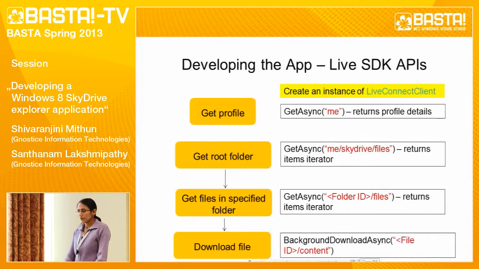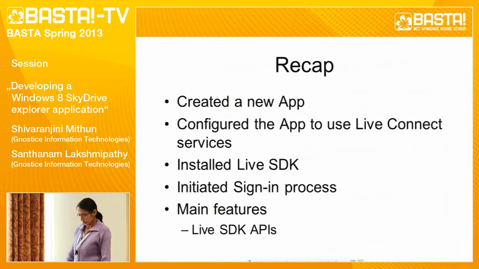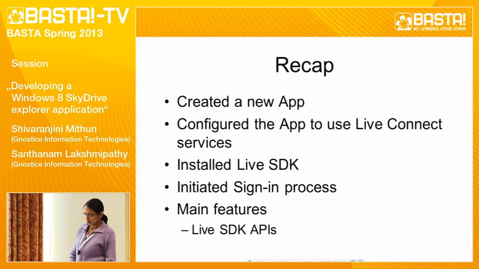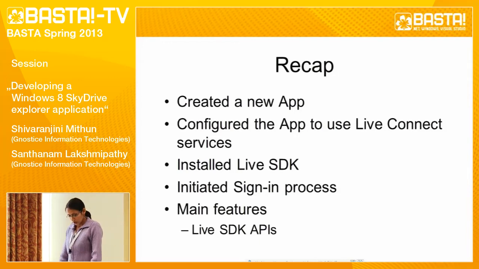So these are the only APIs we are going to use to implement the main features of our application. To recap, we started with a grid app project, and we configured that app to use Live Connect services. Then we installed the Live SDK onto the system, and using the Live SDK LiveAuthClient class, we initiated the sign in process.